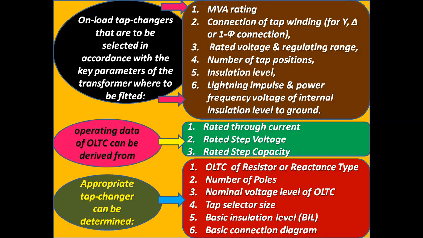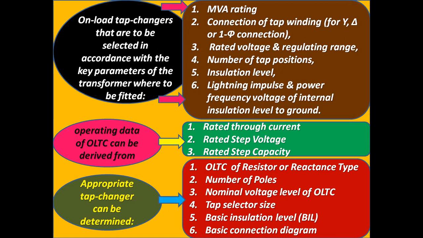Number 3, rated voltage and regulating range. Number 4, number of tap positions. 5, insulation level. 6, lightning impulse and power frequency voltage of internal insulation level to ground.